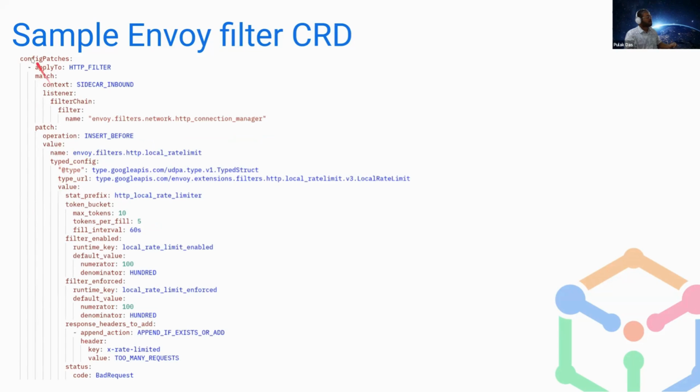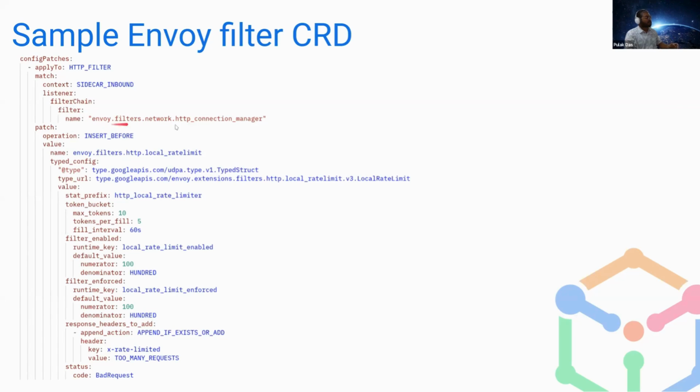The way this works is that each config patch will apply to a specific object in the EnvoyFilter config. In this case, we are applying a config patch to the HTTP filters, and the first thing we want to know is where to apply it, right? Again, I cannot go into the details of how the Envoy configuration works under the hood, but basically there are a lot of listeners created for each of the different ports, and each of the listeners will have a list of filter chains.